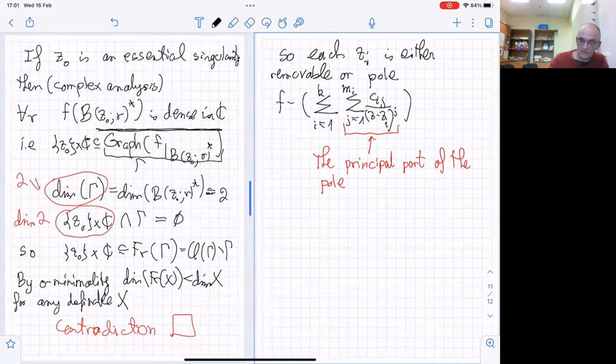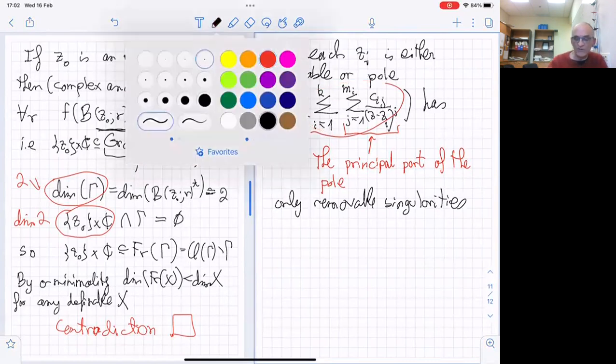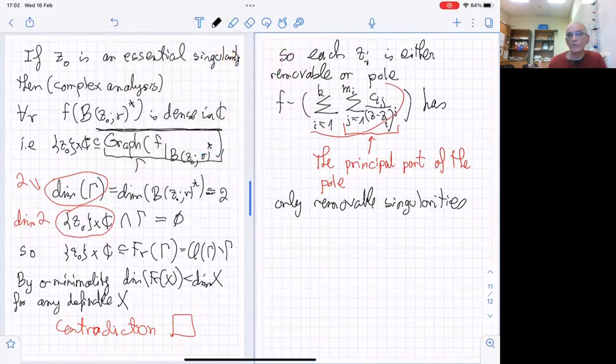But in this writing, the function now has no poles, only removable singularities. This part that we added is, of course, a rational function. And now you play a small game, and if you've done a course in complex analysis, you can probably guess: by applying 1 over z, you show that also at infinity f has a pole.